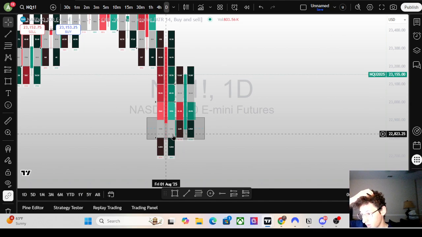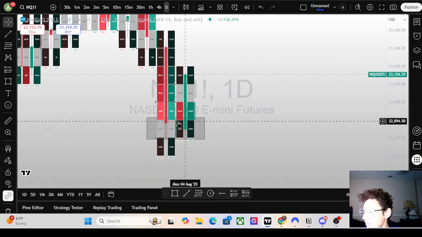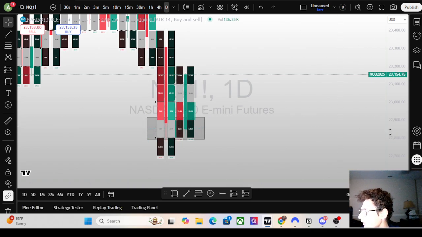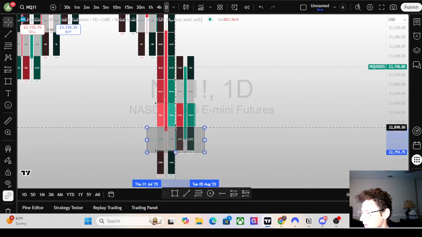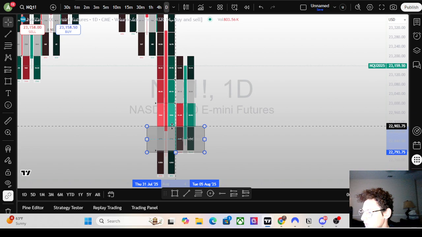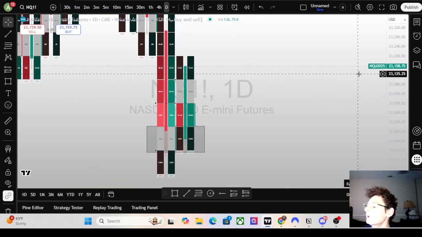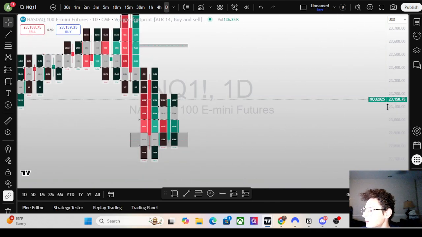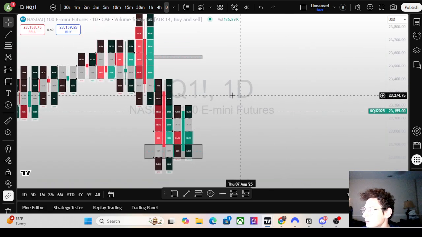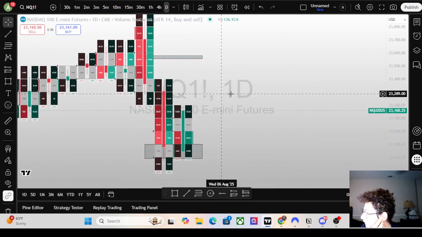Difficult to explain. That said, I marked my point of control, and make this smaller. I do like it as precise as possible. Good enough. So right now the market seems to be bullish.